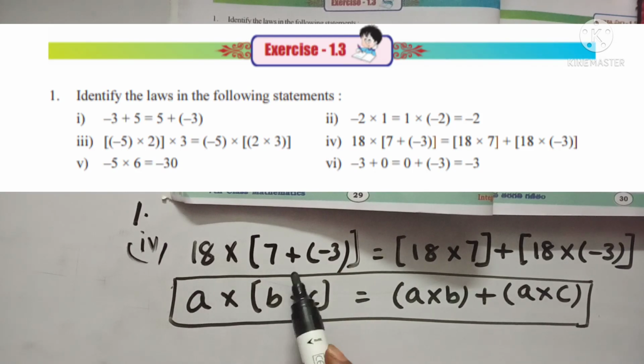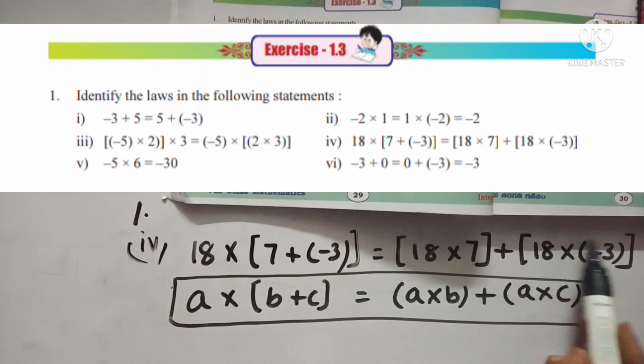So A into B plus C is equal to A into B plus A into C. Which law it is? Yes, it is distributive law.